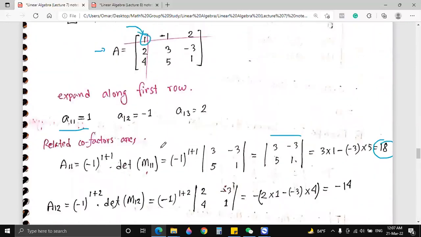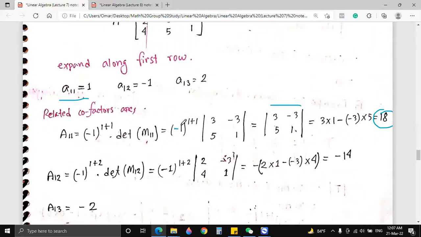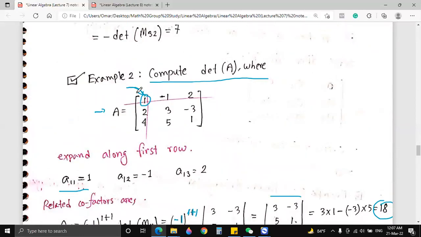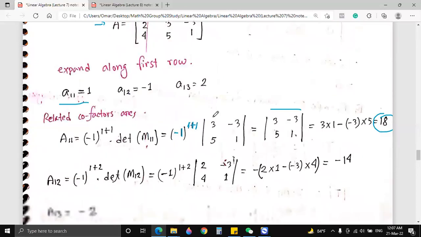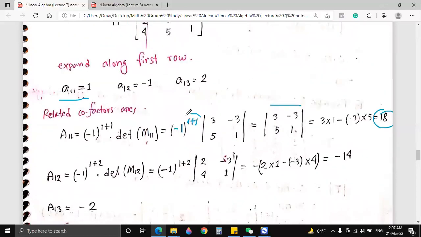So we write down this way, like minus 1 to the power the value of column plus the value of row. That means this entry here, our row is 1 and our column is 1. So we add these two values, okay? So minus 1 to the power 1 plus 1.